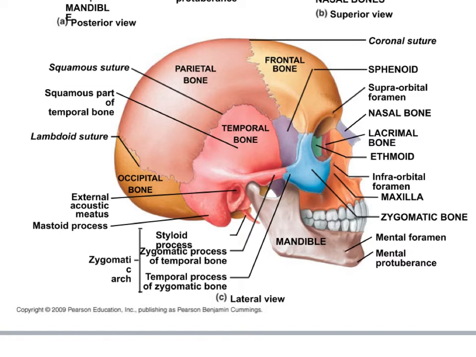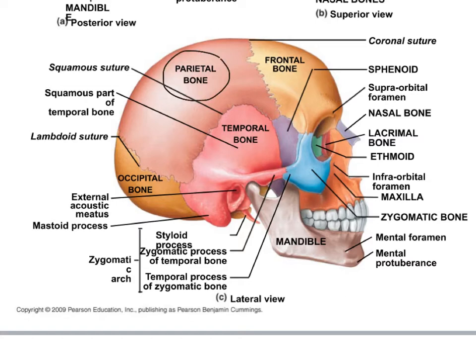These are the cranial bones. We're going to look at cranial bones first, and we're going to look at a few points on the cranial bones that you have to identify on your lab exam. Some of the cranial bones are going to be paired, meaning there are 2 of them, and some are going to be singular, all right? This is a picture of the skull from the side, and we have the parietal bones. Those are the bones right on the top of your head.